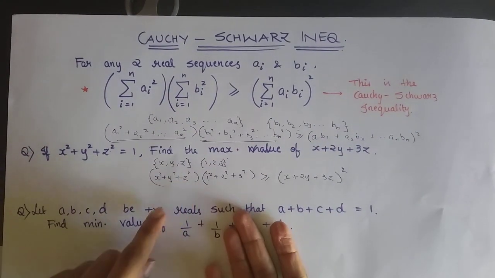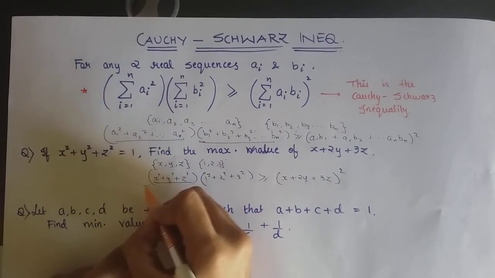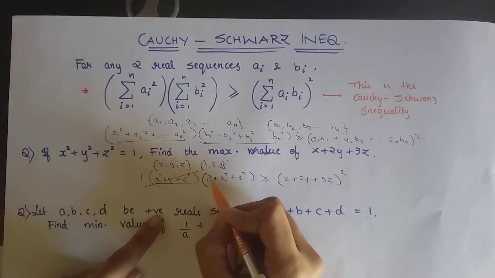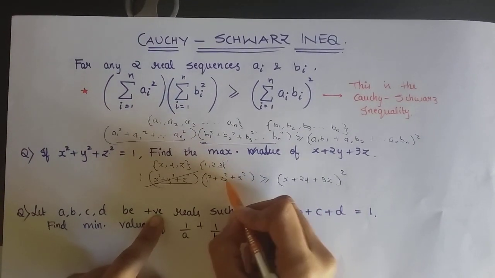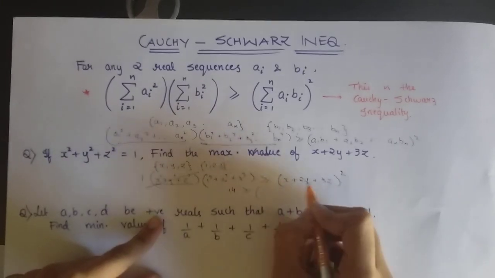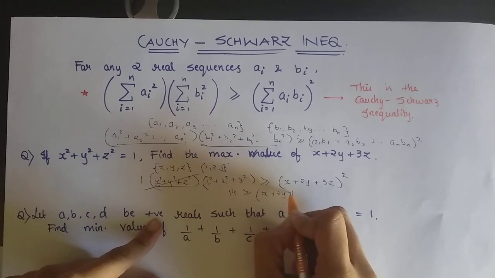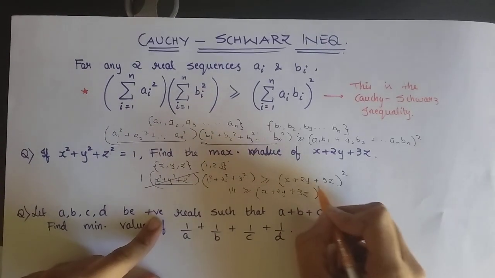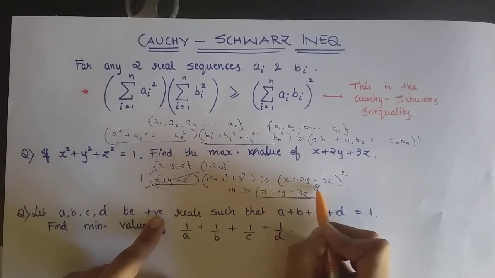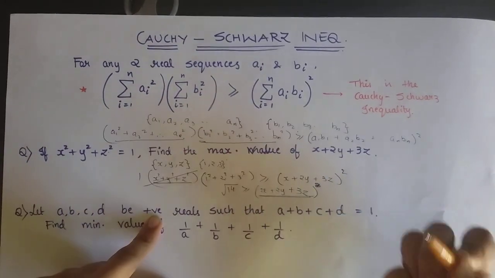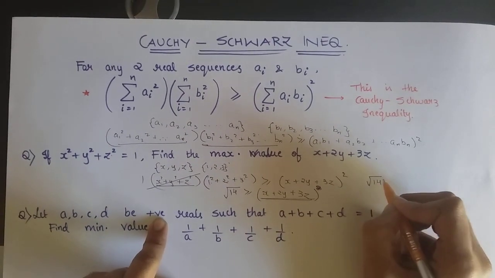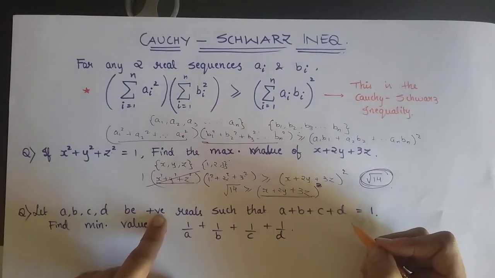Don't you see we already got the answer? The first part is given as 1. And 1 square plus 2 square plus 3 square is 9 plus 4, 13 plus 1, 14. So 14 is greater than or equal to (x plus 2y plus 3z) whole square. If I remove the square, I have to put a square root, so the maximum value is root 14. This is our final answer.